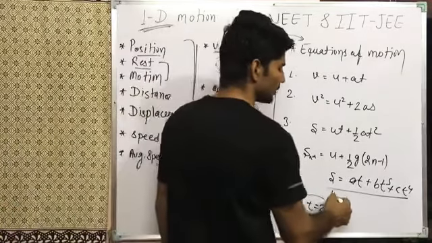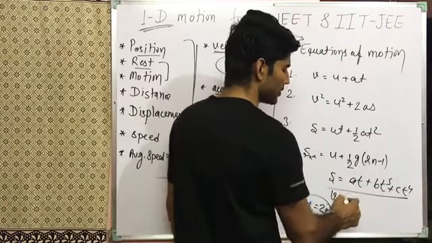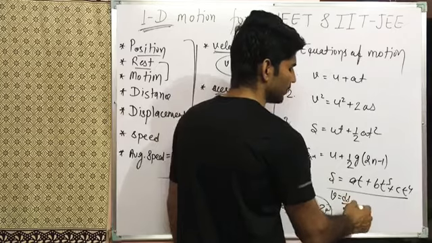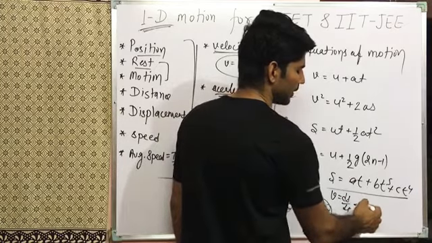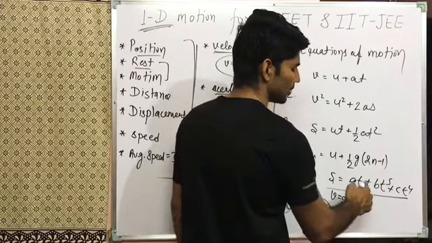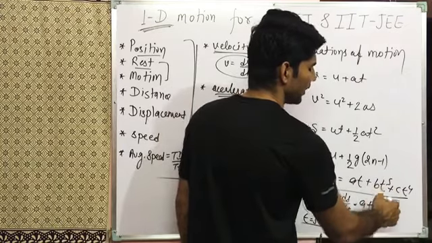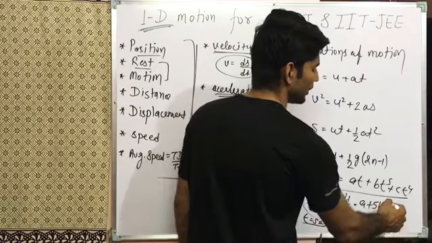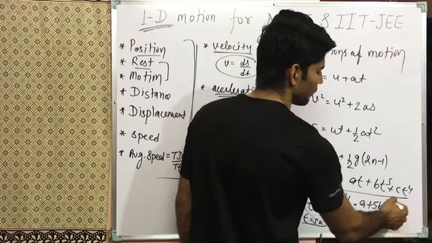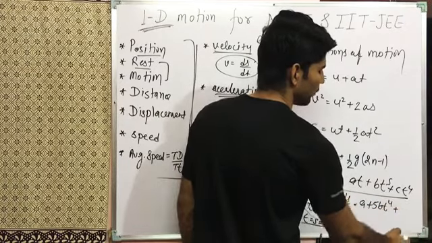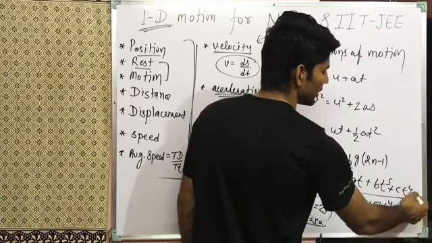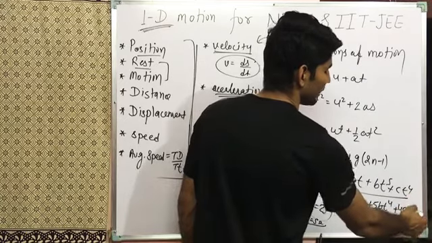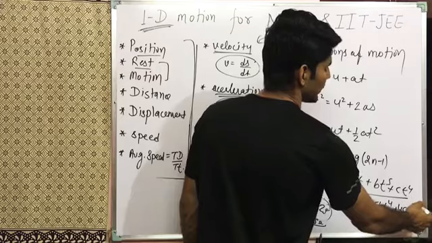So for velocity we differentiate once: ds by dt. a is constant here and the differentiation of t is 1. b is constant, and for the differentiation of t power 5, 5 comes in front and the power is decreased by 1, so it becomes t power 4. c is constant, and here the power comes in front and the power is decreased by 1, so it becomes t cube.